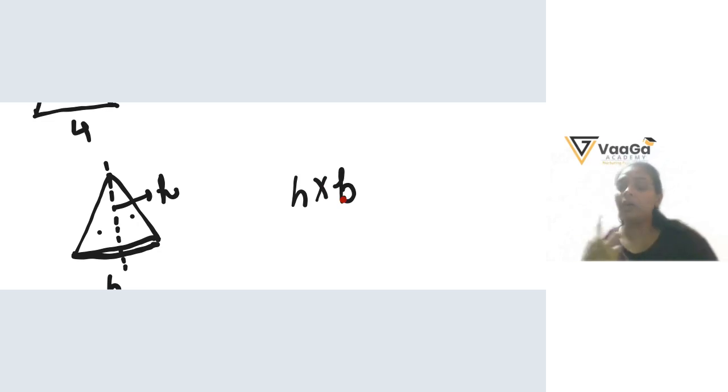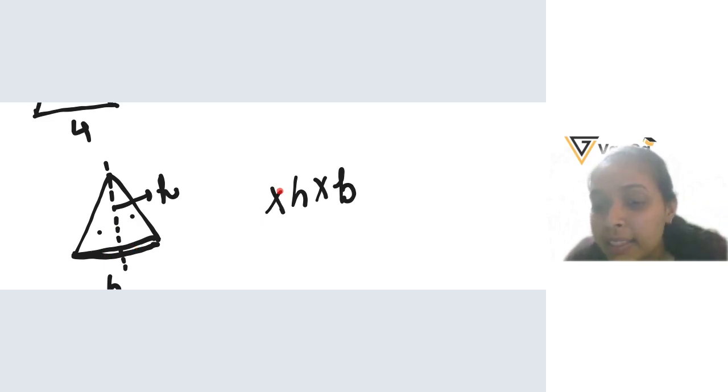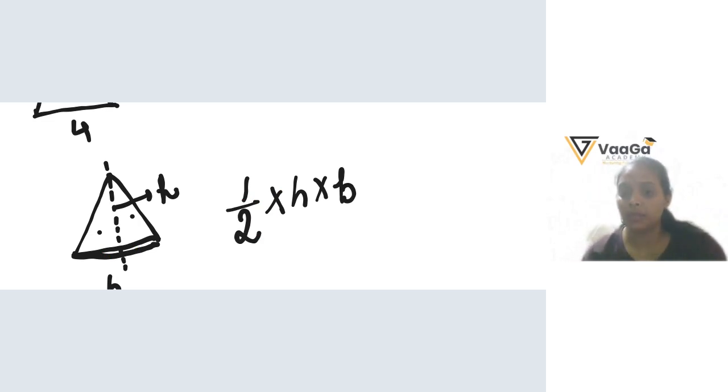But now see, here is the catch. I am dividing the base into two different parts. So that's why I multiply this with the half, because I am cutting the base into two parts.